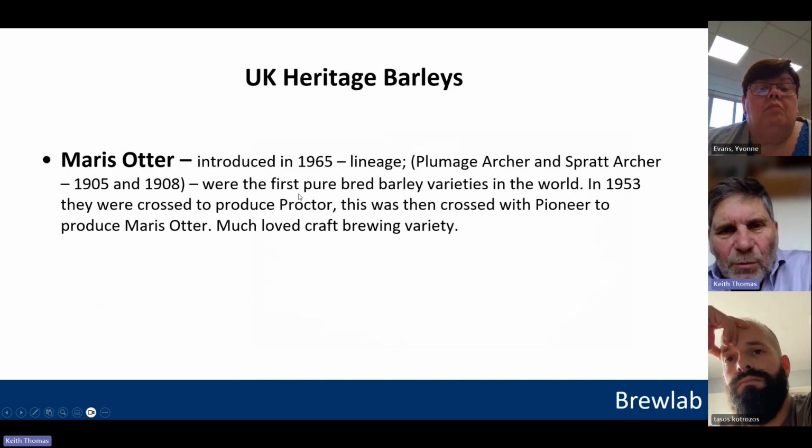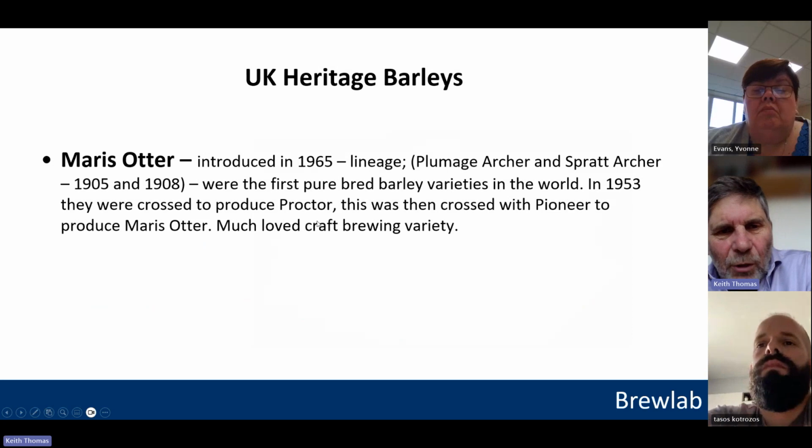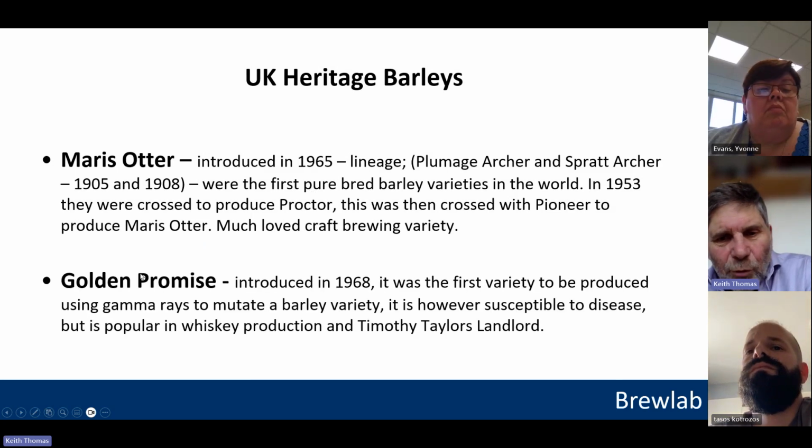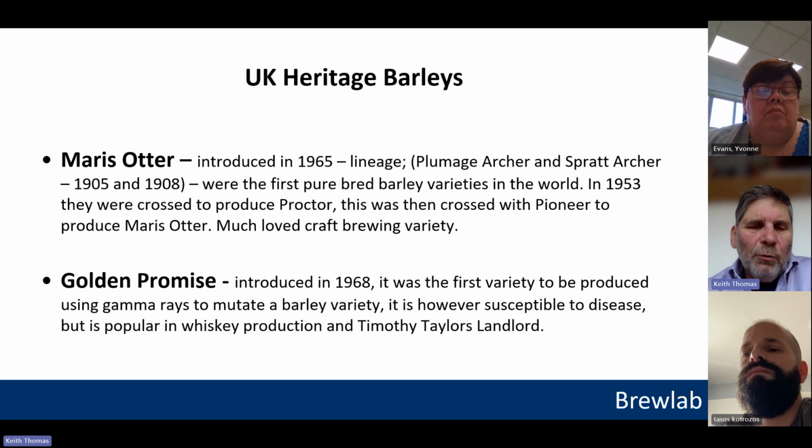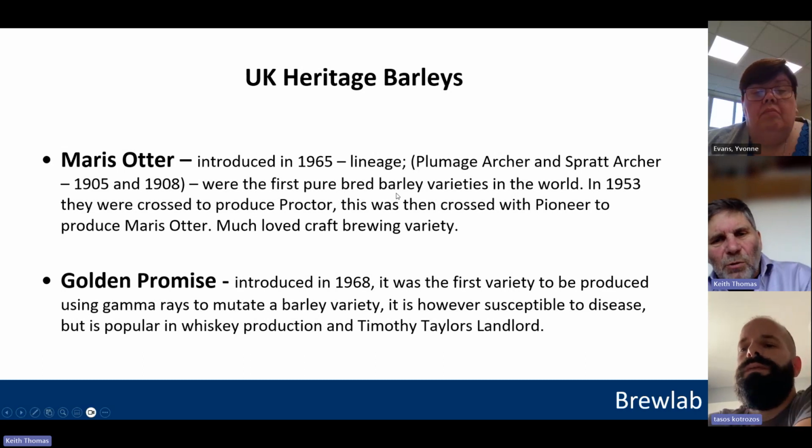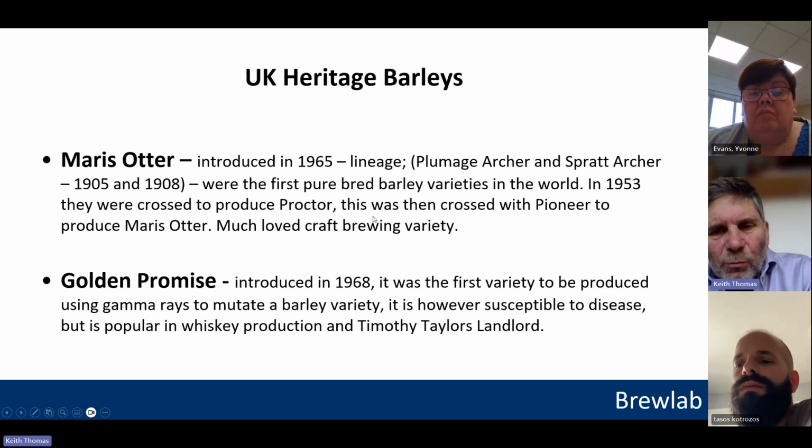It's worth mentioning heritage barleys. These are ones which have developed over the last century, really, 100 years. Maris Otter and Golden Promise are ones which have particular characters and are traditional. So they would be associated with particular brewing processes, particular brewing styles. And this is some detail about their evolution, when they were crossed with this and that and the other.